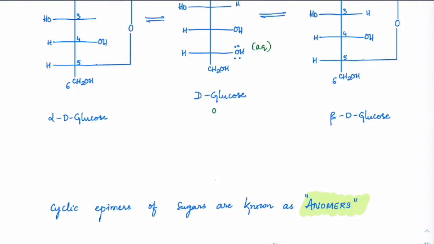Only 0.02% D glucose will be present. Alpha D glucose will be around 36%, and beta would be around 63.8%. These are all at room temperature, okay? At room temperature, you would certainly see alpha is around 36%, beta is around 63.5%. Straight chain hardly exists anymore.